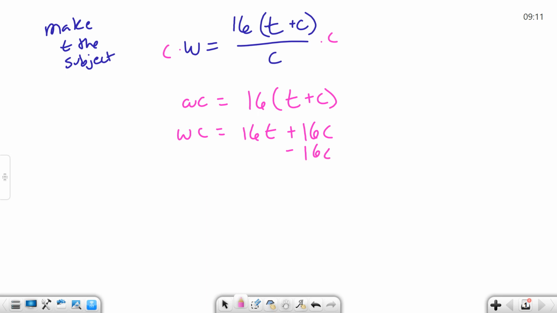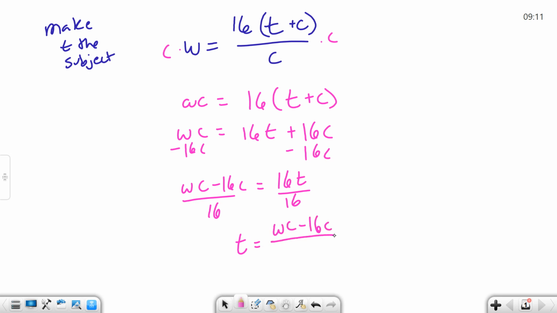We subtract 16c from both sides. wc minus 16c is equal to 16t. Now we can divide both sides by 16. t is going to be equal to wc minus 16c all over 16.